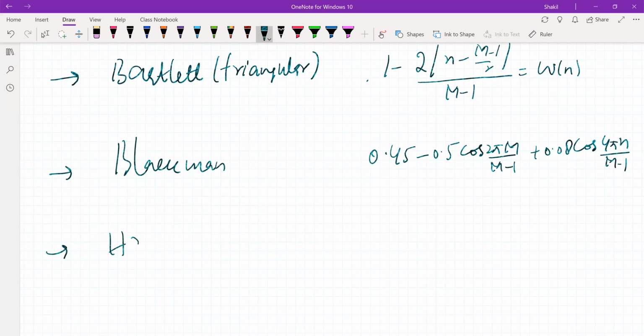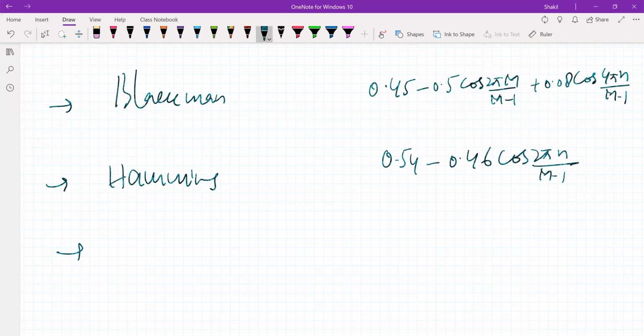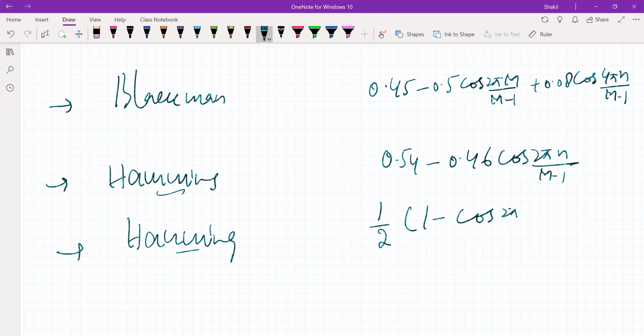Another window that we have is the Hamming window, and w of n for this is 0.54 minus 0.46 cos of 2 pi n divided by N minus 1. One more window that we have is the Hanning window, and w of n for this is 0.5 times 1 minus cos of 2 pi n divided by N minus 1.